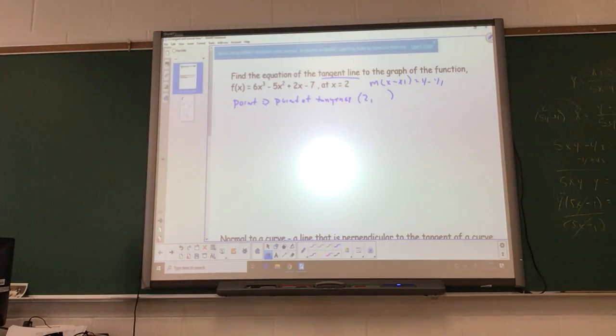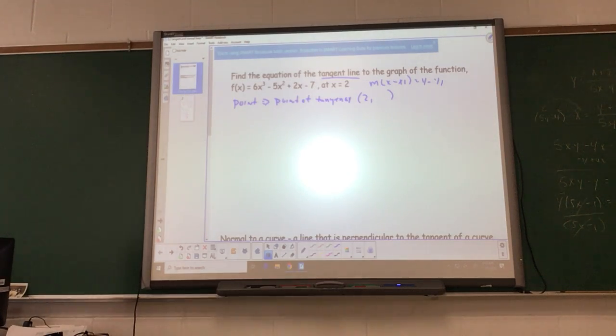Well, what I'm trying to do is find a point at which I'm going to just touch the graph of this function. I want to just touch the graph of this function at x equals 2, which means I need to find the y value that corresponds to that, because there's an x and a y value.